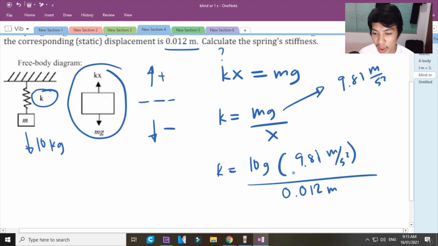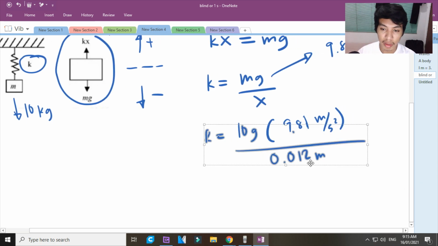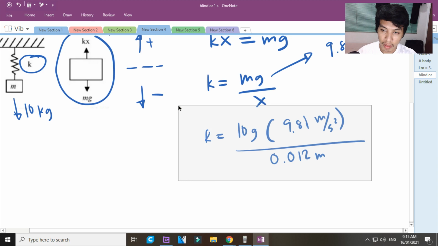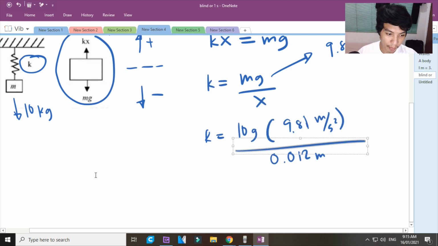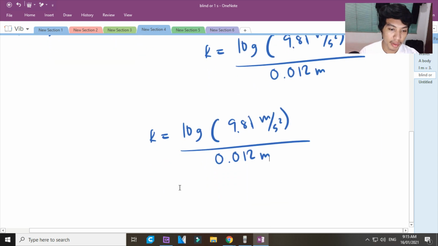Okay, paano magiging ano to? Magiging Newton. So, copy natin siya. Copy ko dito sa baba. Yan.